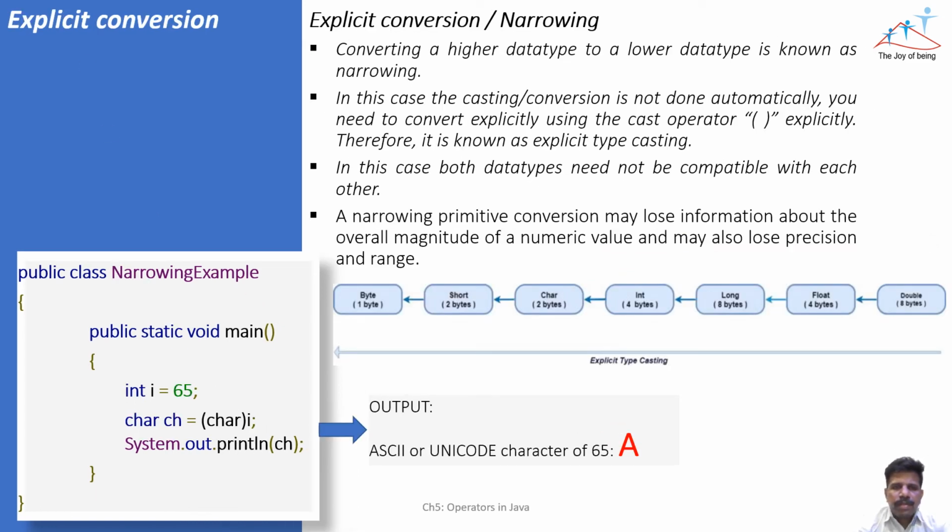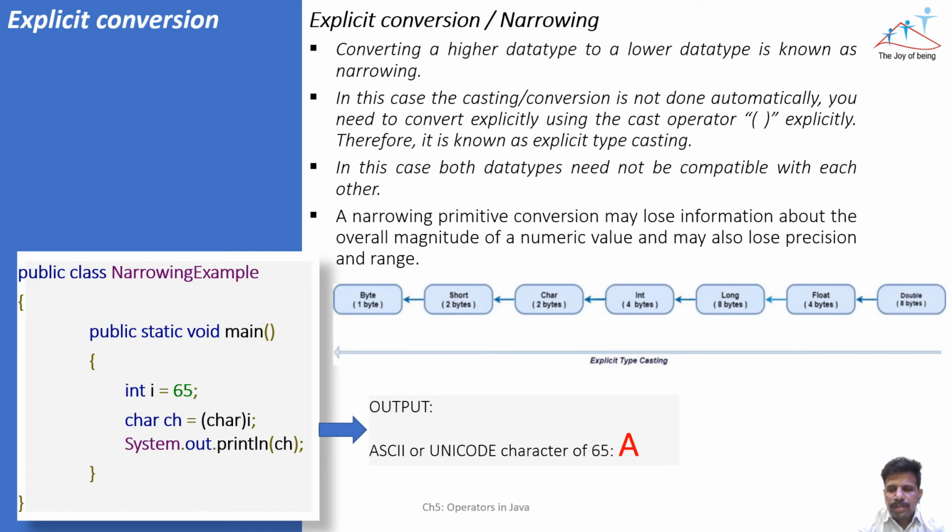And now we will see the explicit type conversion or narrowing in detail. In this type of conversion, a higher data type value will be converted into a lower data type. Hence narrowing is not done automatically. You need to convert it explicitly using the typecast operator, so it is also called explicit typecasting.